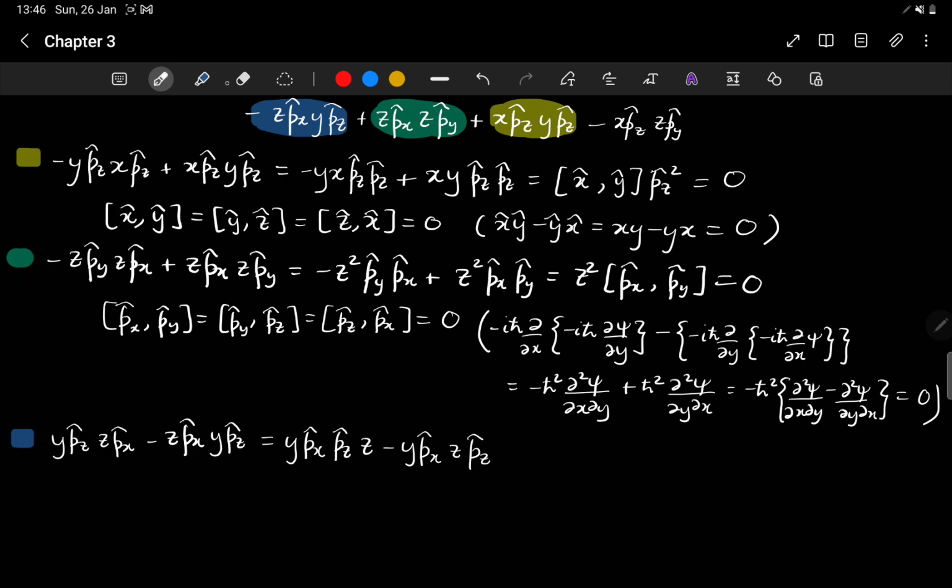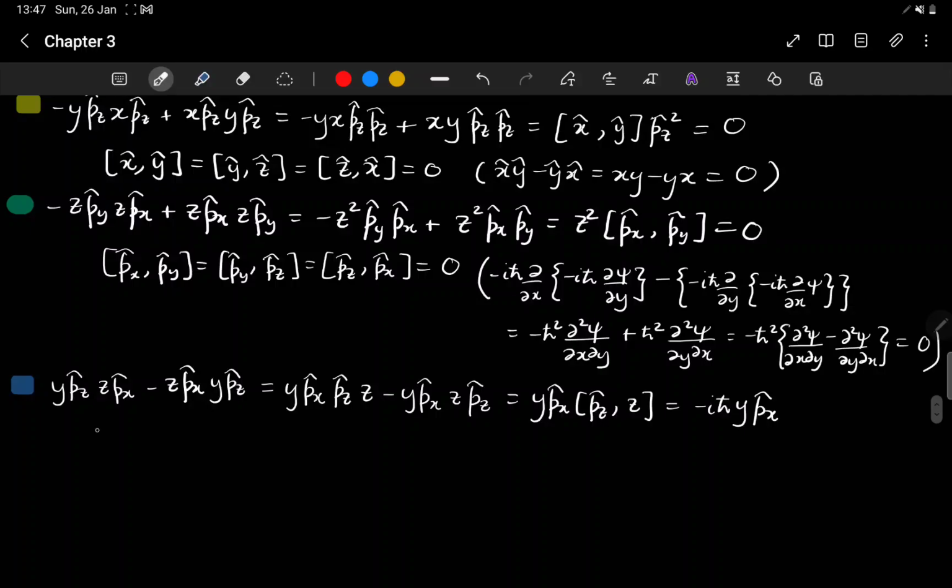Let's first look at this. So we can take y px common, and once we do that, you see that this is nothing but the pz z commutator, and this is minus iħ. So our final result is minus iħ y px. And how did we get this? This is because of the following result.